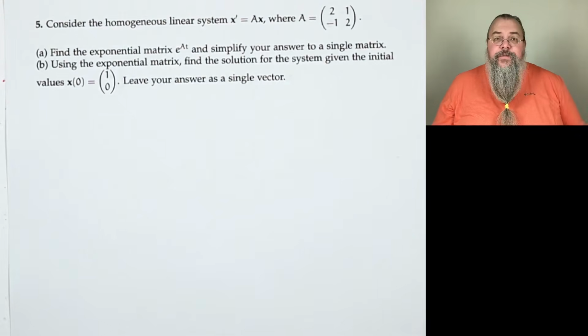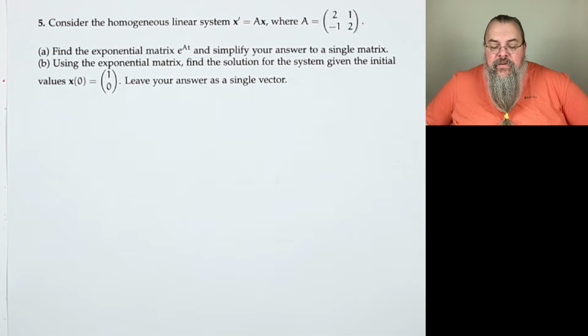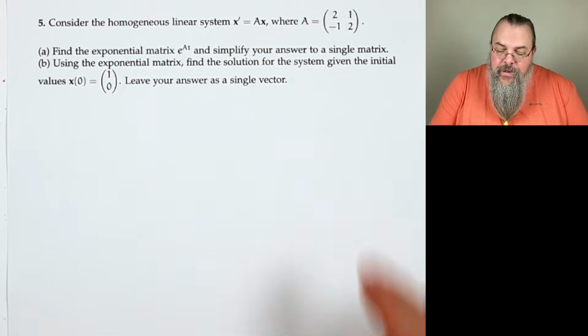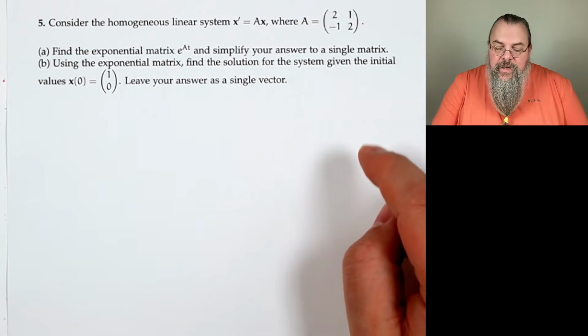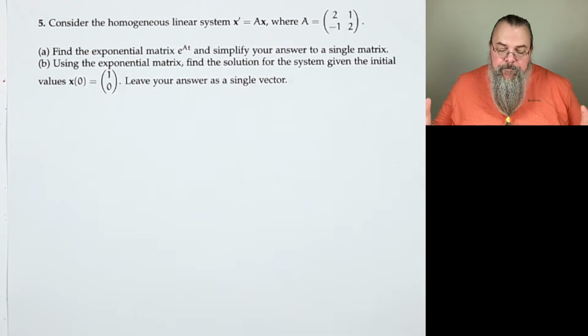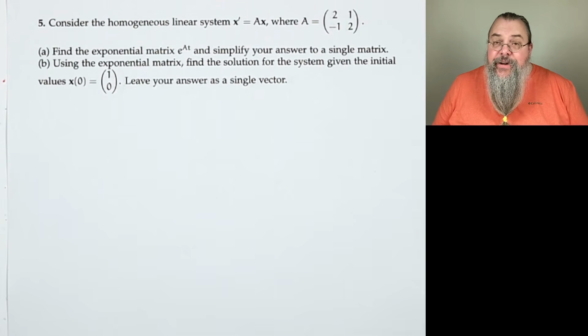That leads us to number 5. Consider the homogeneous linear system x prime equals Ax, where A is 2, 1, minus 1, 2. And again, parts A and B. Part A. Find the exponential matrix e to the At and simplify your answer to a single matrix.